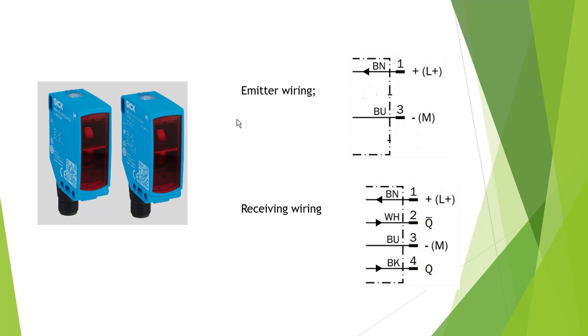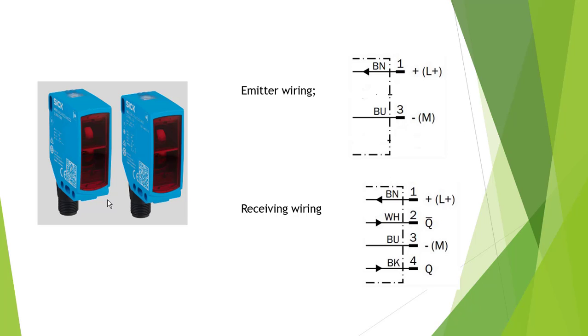This is a through-beam photoelectric sensor. The emitter wiring is just two wires, brown and blue. Brown connects positive. Blue connects negative.